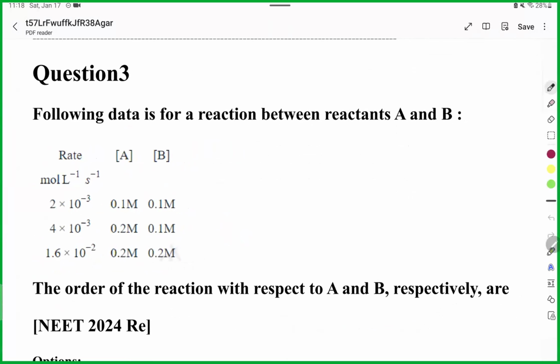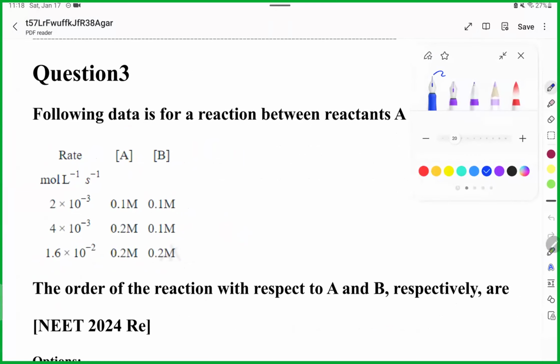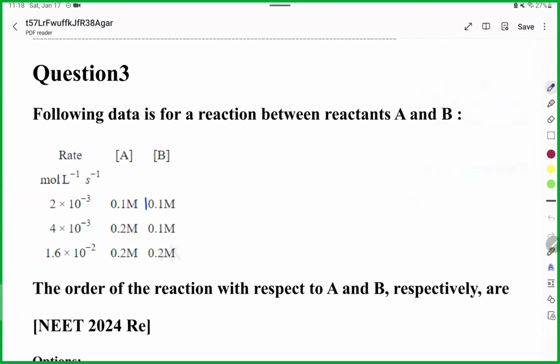How to do this? First, keep one value constant. For example, here B is constant. Check how the rate is changing. You know it is getting double, 2x. This is also double, 2x. What does it mean? Can I say the rate directly depends on A raised to power 1? Same, directly depends. Any doubt, guys?